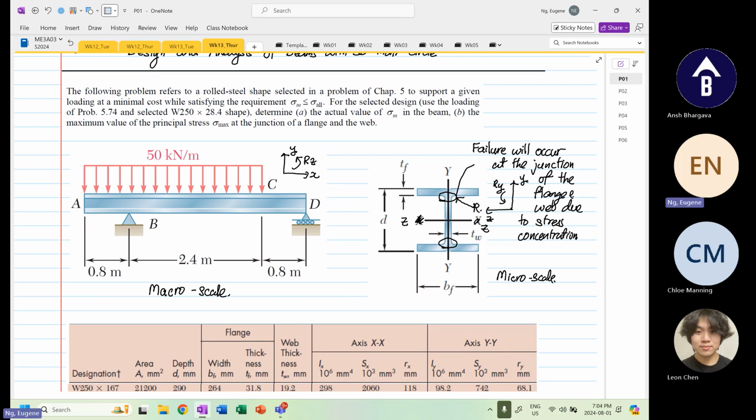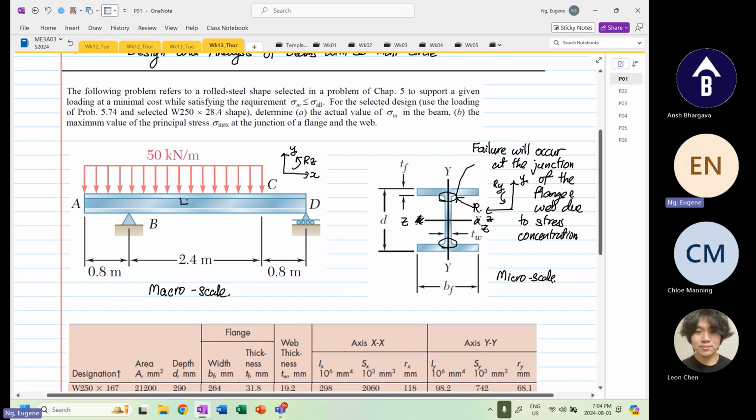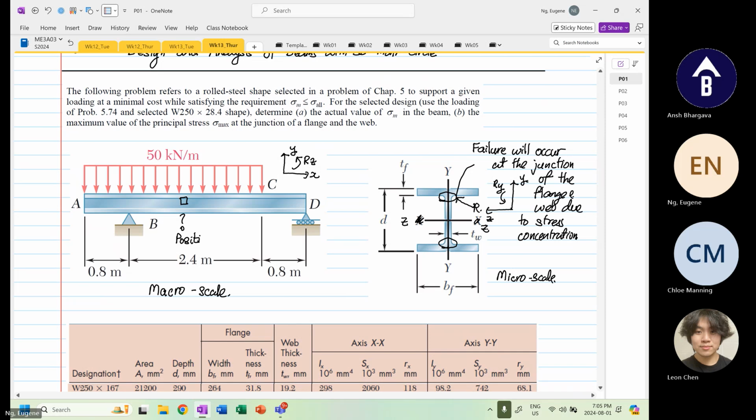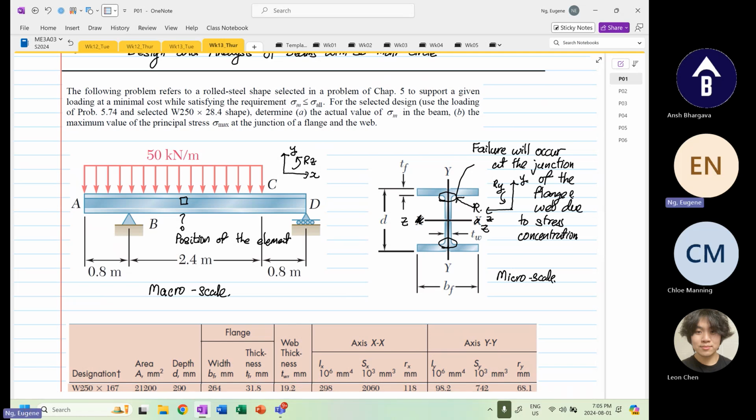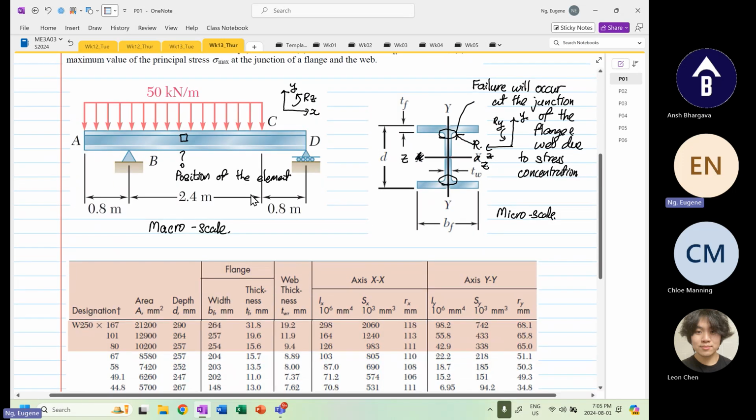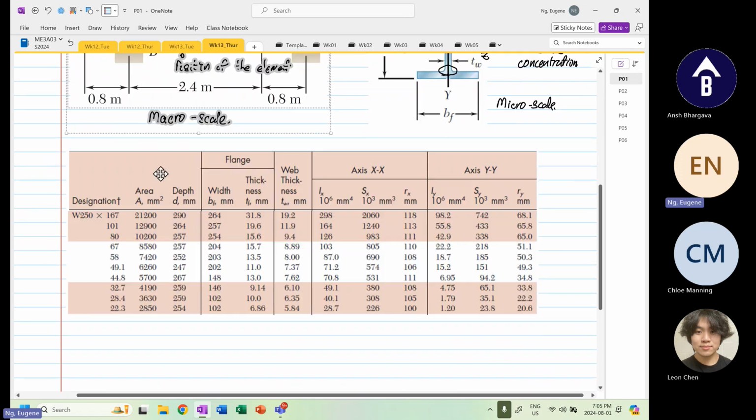At the macro scale, I'm going to put in our element. This is our element. We don't know the position of the element yet.